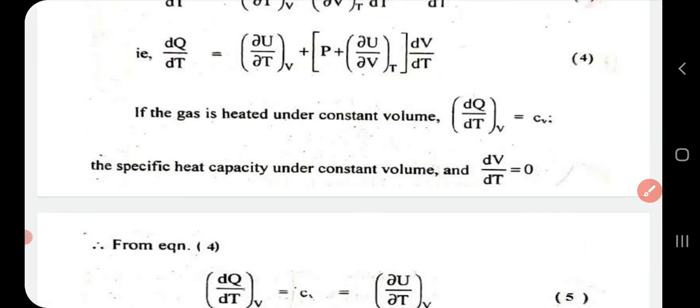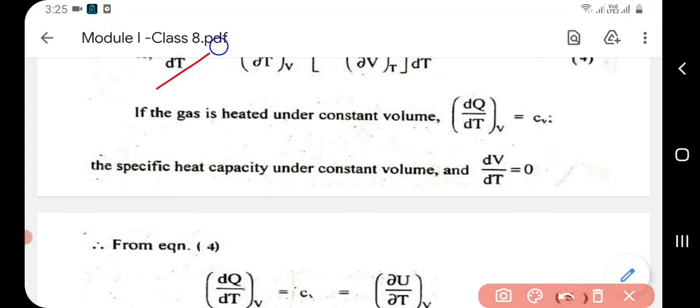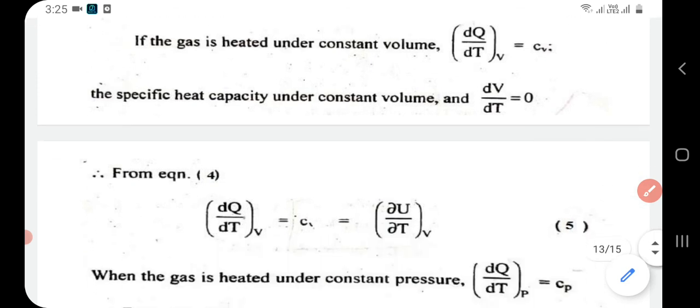Now if gas is heated under constant volume, we know dq by dT at constant V is equal to Cv, that is the specific heat capacity under constant volume, and dV by dT will be equal to 0. So in place of dq by dT, you can write Cv. The rest will be kept as such.